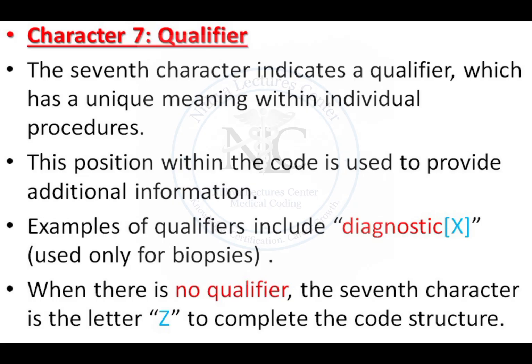To indicate that in the code, we use the character X. So X is nothing but diagnostic. If the procedure is not for diagnostic purposes, we use no qualifier, which is the letter Z. So X means diagnostic, and Z means no qualifier.